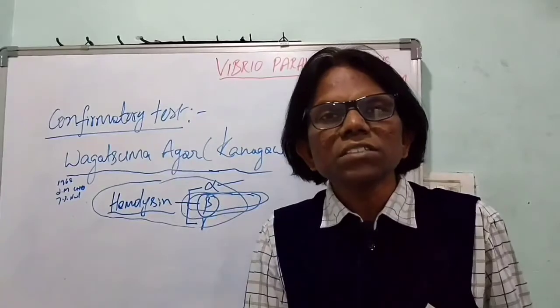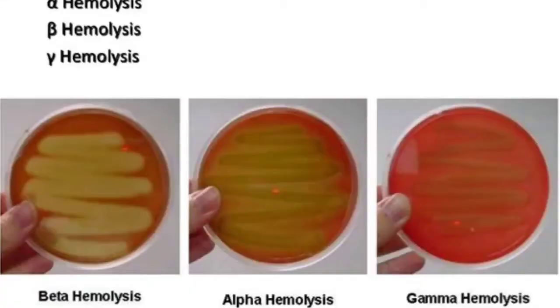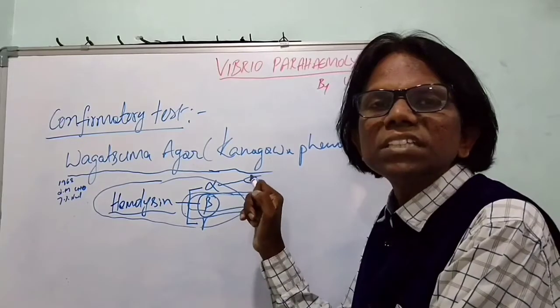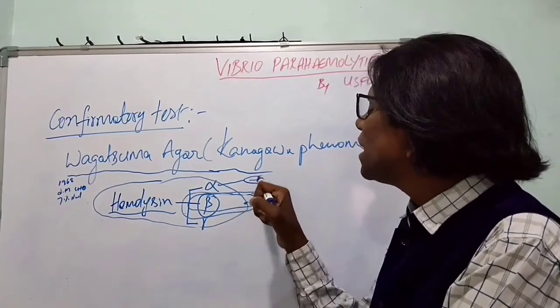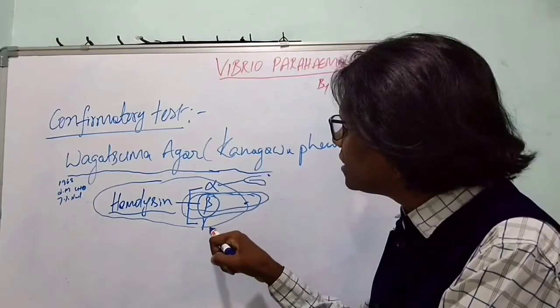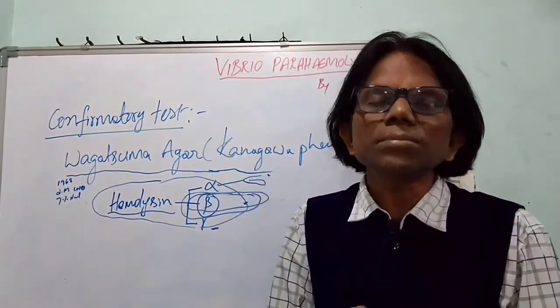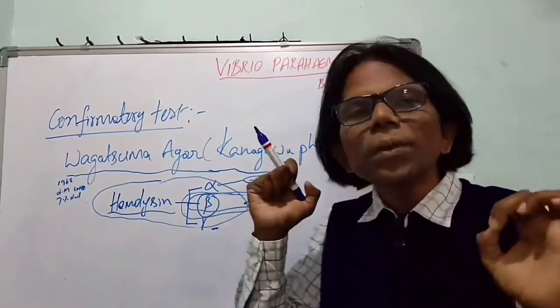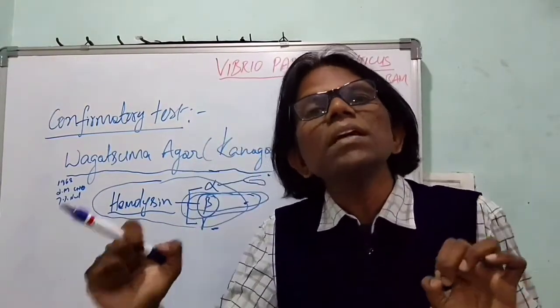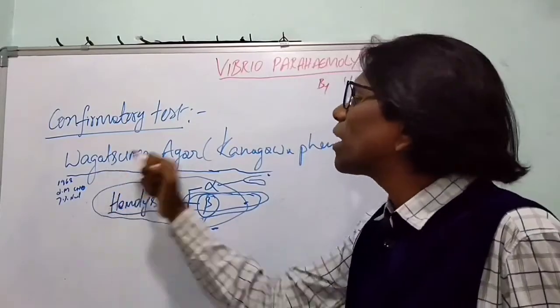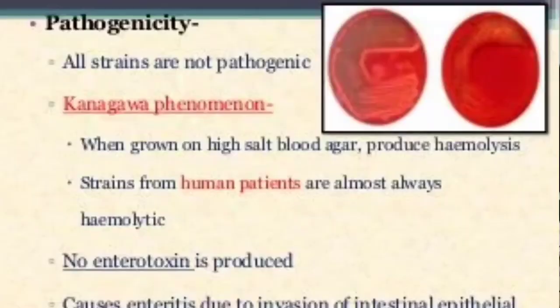Some strains like Staphylococcus or Streptococcus exhibit alpha hemolysis, meaning incomplete, partial rupturing of the cells, which is green in color. And no color is gamma hemolysis, where no rupturing of cells occurs. So Vibrio parahaemolyticus will exhibit beta hemolysis on Wagatsuma agar. This is the Kanagawa phenomenon.